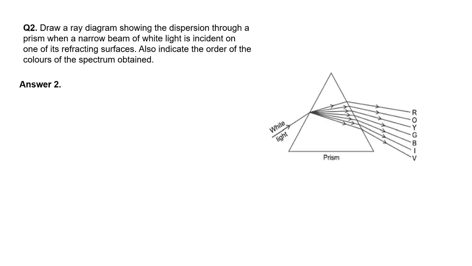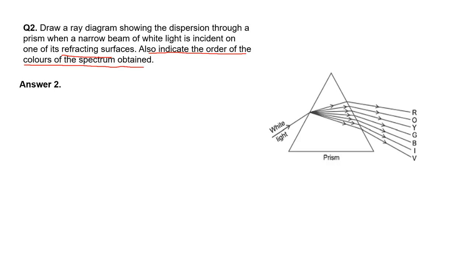Coming to the next question: draw a ray diagram showing the dispersion through a prism when a narrow beam of white light is incident on one of its refracting surfaces. Also indicate the order of the colors of the spectrum obtained, right? So you can show this prism.